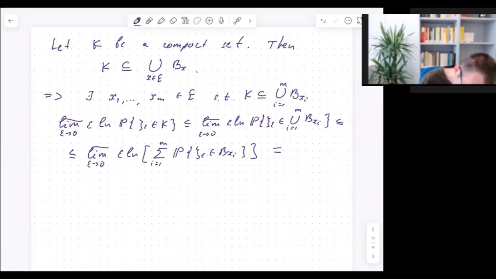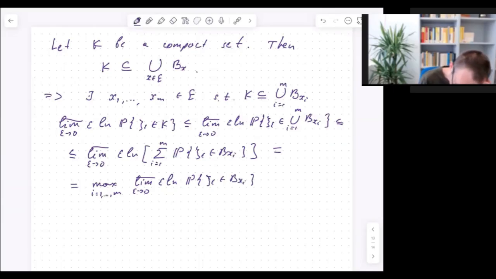And now you know that this type of limit is equal to the maximum over all i from 1 to m of the limit as epsilon goes to 0 of epsilon logarithm of the probability for balls.